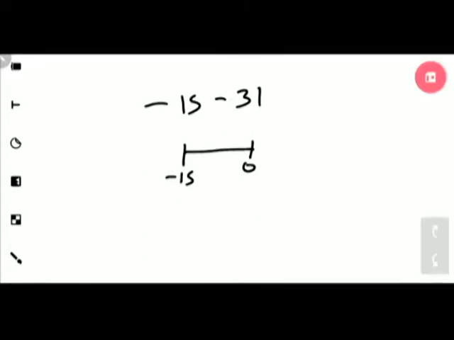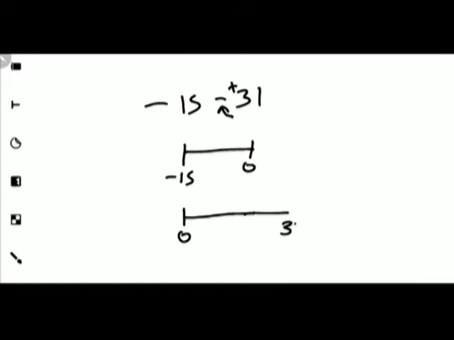Okay, so we're going to break out our number line again. Now, you can take this as a negative, and I will get to that here in a second. But for right now, let's keep things simple. Let's make that a positive 31. We are moving in this direction. However, since we are subtracting, this is going to go backwards.